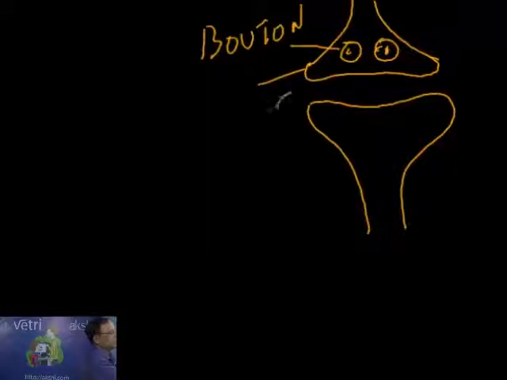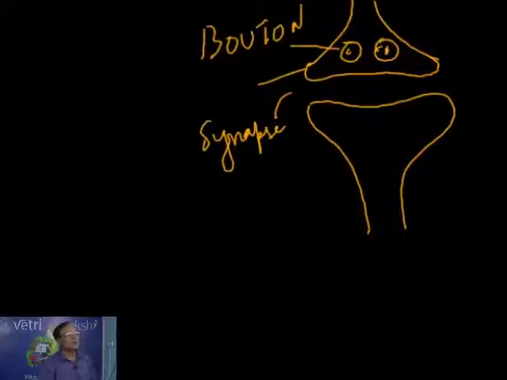This junction is called a synapse. A synapse is nothing but a junction in the neuronal pathway between adjacent neurons. Normally at the synapse, there is a space. The dendron and the axon of the adjacent neurons are separated by a space.